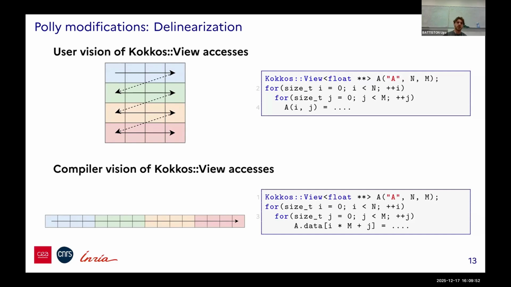At the bottom of the slide, you can see data[i multiplied by M plus j], and we want to find i and j. But for this, we need to apply the delinearization pass. This is a reverse engineering pass to get affine accesses in multiple dimensions.